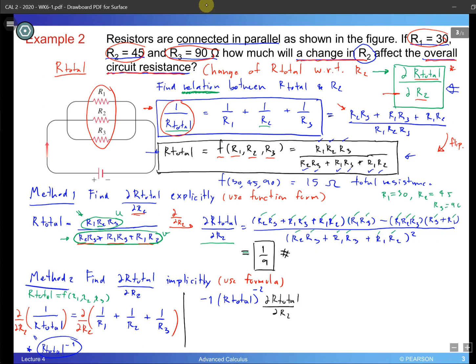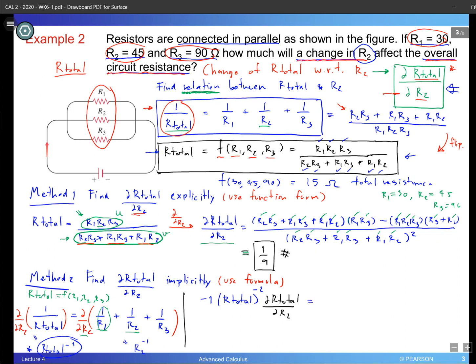Let's work on the right hand side of the equation. So here we are supposed to diff this first term with respect to R2, and as you can see here, we are working with R2. We are going to treat R1 and R3 as constants. You diff this, it goes to 0. Alright, and then you can diff this, and this term is equal to R2 to the power of minus 1.